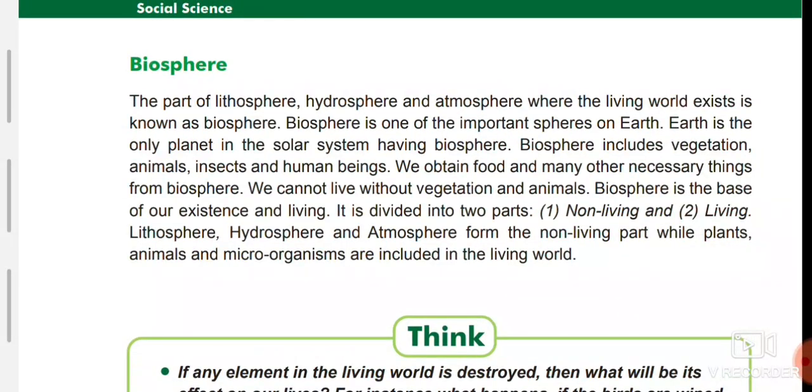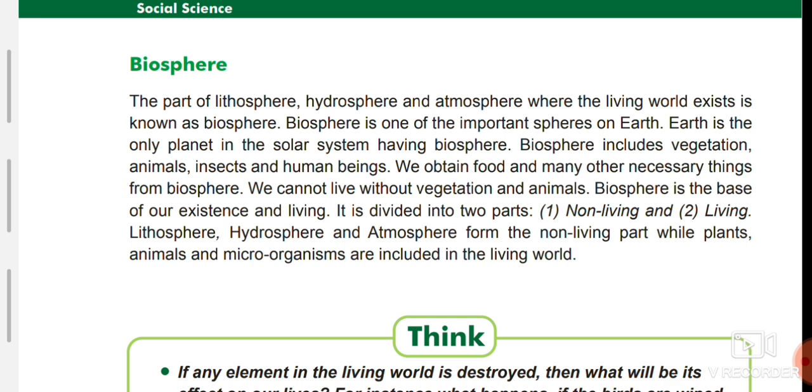Now, the last part and the last layer of our Earth is biosphere, the part of lithosphere, hydrosphere and atmosphere where the living world exists. एक वैसा लेयर जहाँ पे तीनों अलग अलग लेयर का मिक्सचर हो और उसकी वजह से लाइफ एग्जिस्ट करती हो, तो हम उसे कहते हैं बायोस्फीयर. It is one of the important spheres of the Earth. Earth is the only planet in the solar system having biosphere.